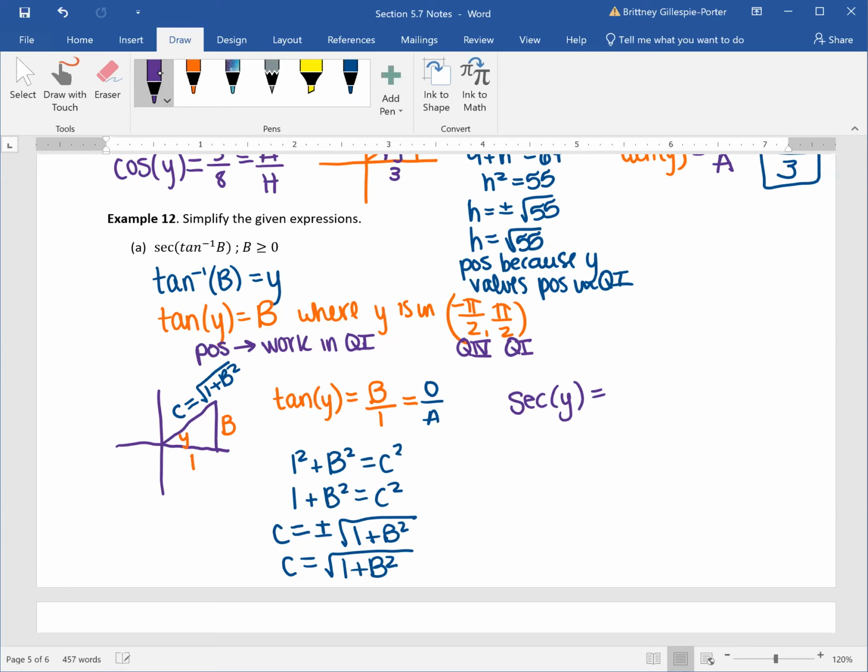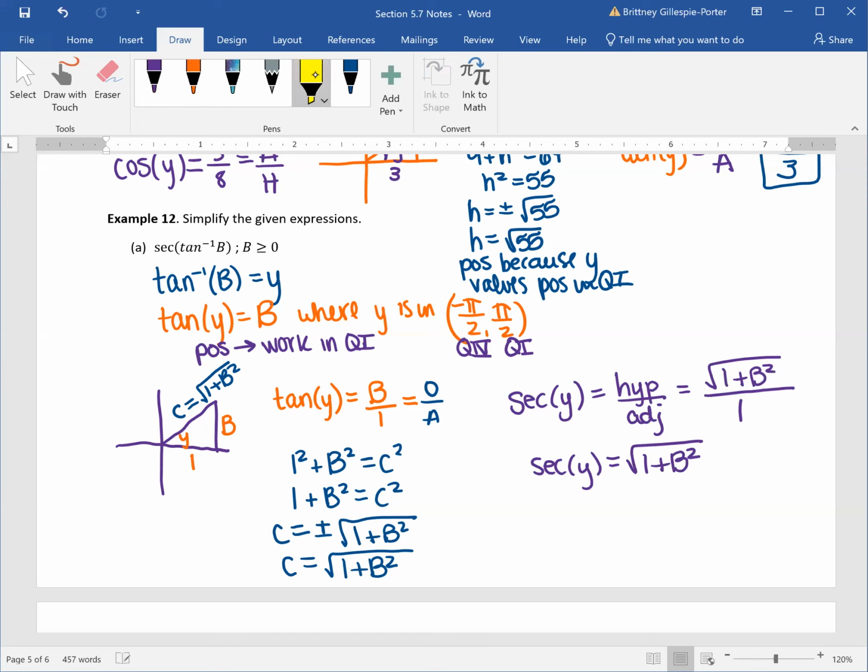And remember that secant is the opposite of cosine, or the flip of the cosine. So we're going to have hypotenuse over adjacent. We just found our hypotenuse was the square root of 1 plus b squared all over our adjacent of 1, which means that we can simplify this down as the square root of 1 plus b squared.